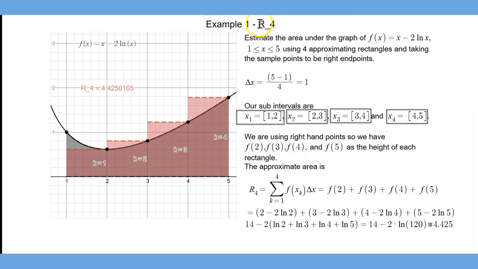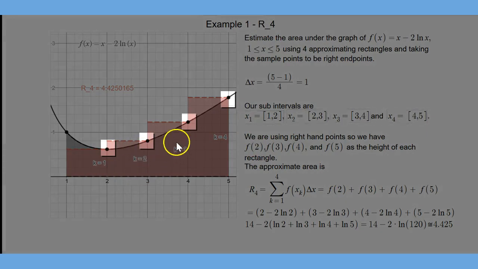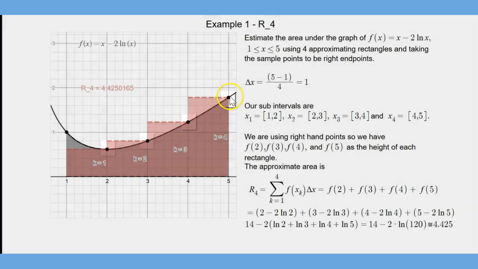And since we're using a right-hand estimate, each of my rectangles is going to have a height of that function evaluated at the right endpoint of each of these subintervals. So my heights are going to be f of 2, f of 3, f of 4, and f of 5, respectively.